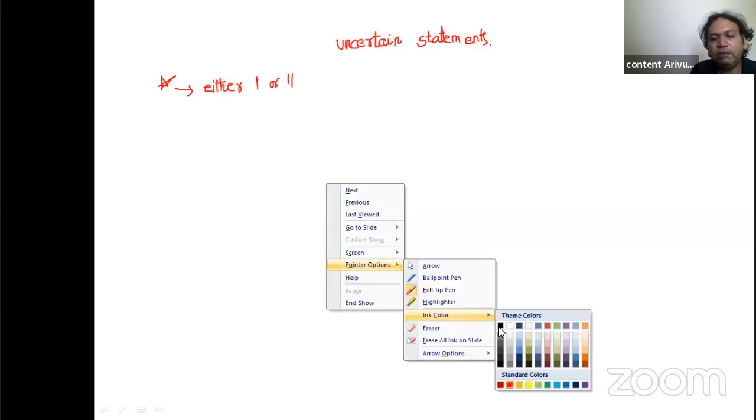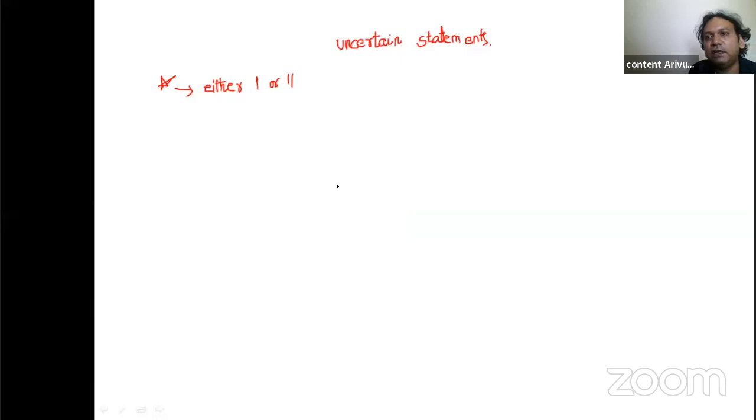We had spent some time on this earlier also, but we'll spend some more time on this particular doubt so that this part is completely clear for everyone. Okay. So Chandramali has posted the doubt. I'll be taking up that doubt, Chandramali. First, let me just cover a little bit about uncertain statements.